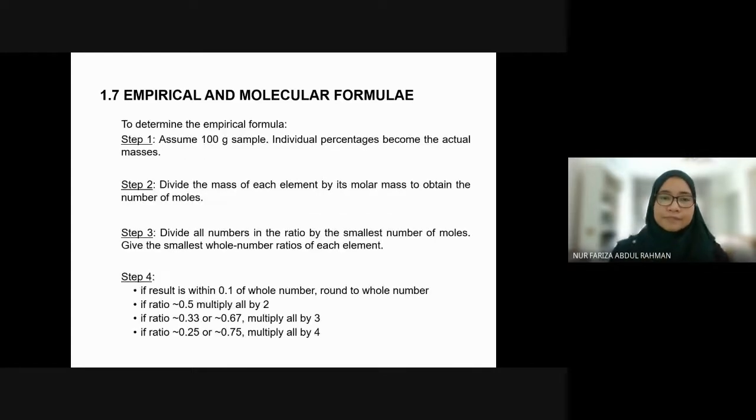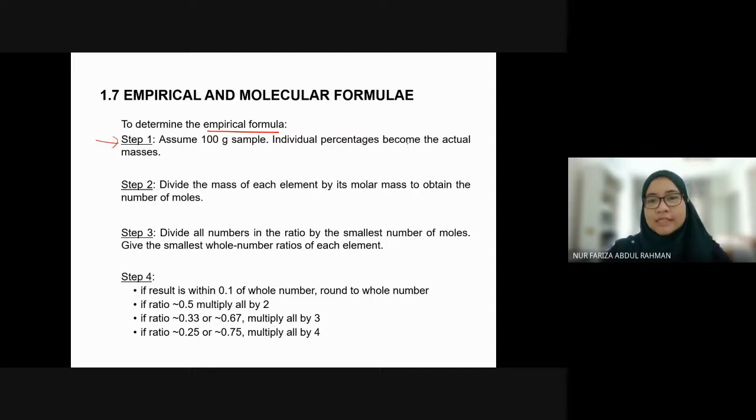There are steps that can be performed in order to determine the empirical formula of a compound. The first step is to assume the sample is 100 gram.